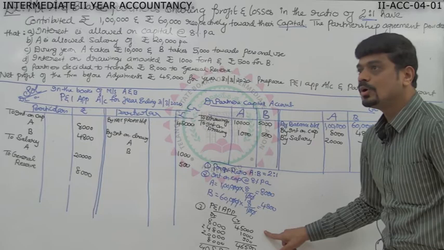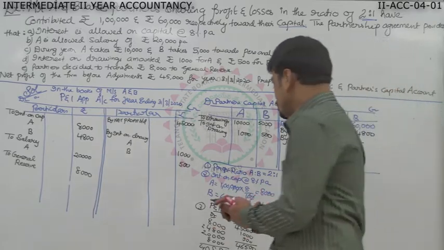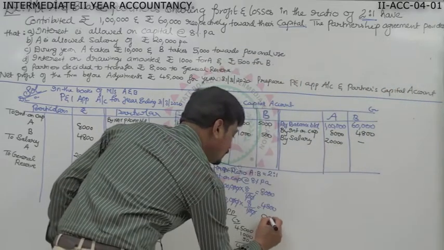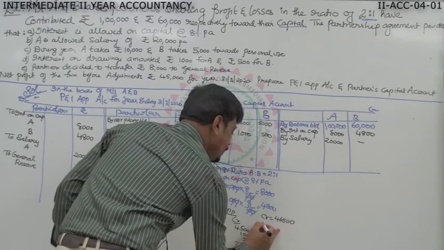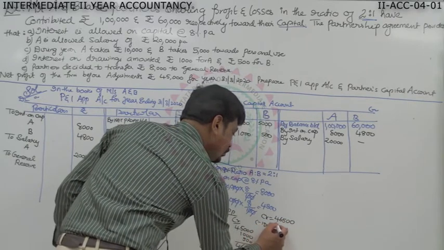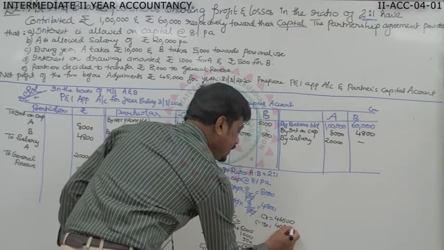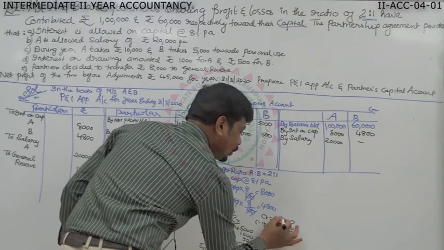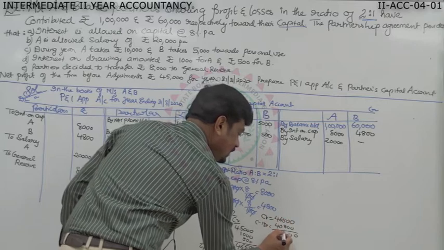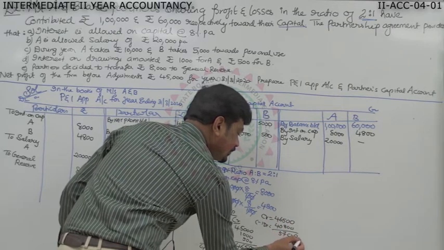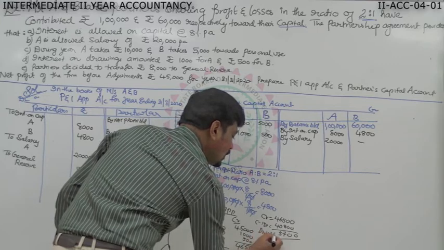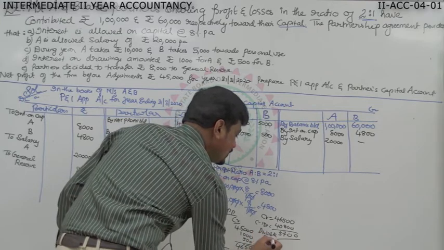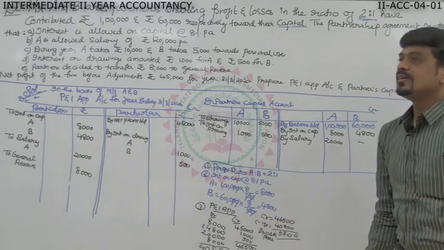Credit is more, debit is less. So credit minus debit: 46,500 minus debit 40,800. So this is called divisible profit. We have a divisible profit of 5,700.